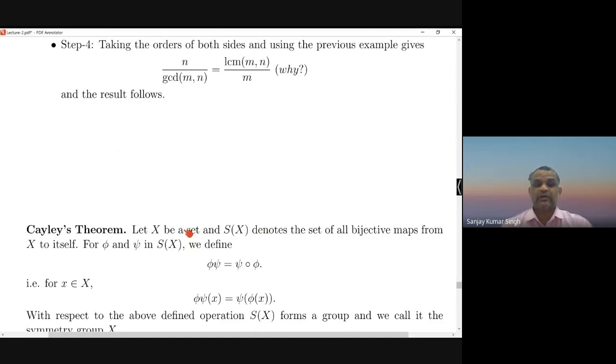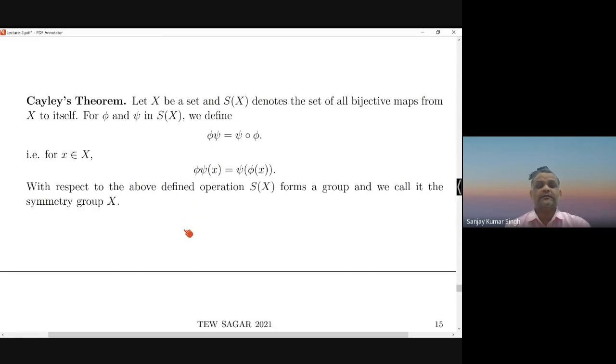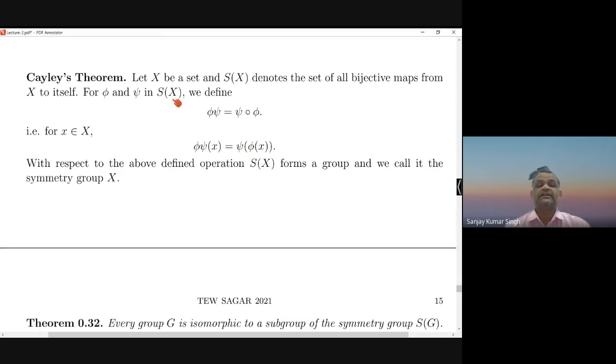So the last theorem of today, without proof, I will just state. Let X be a set and S_X denote the set of all bijective maps from X to X itself, and we have observed that this set forms a group with respect to the composition rule.